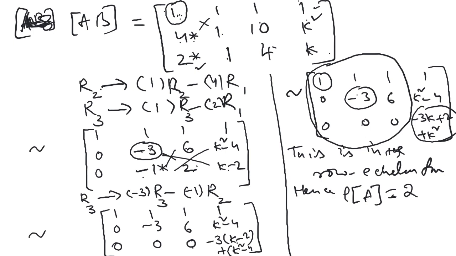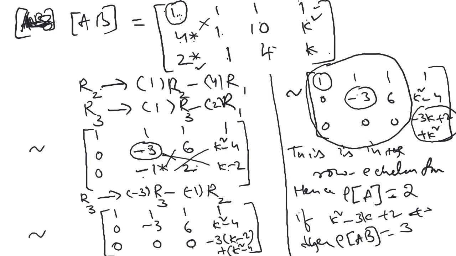So if k square minus 3k plus 2 is non-zero, then definitely the rank of AB is 3, so the system will be inconsistent, and there are no solutions in this case.